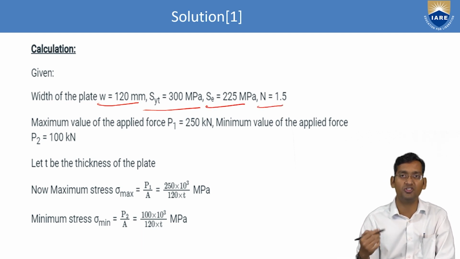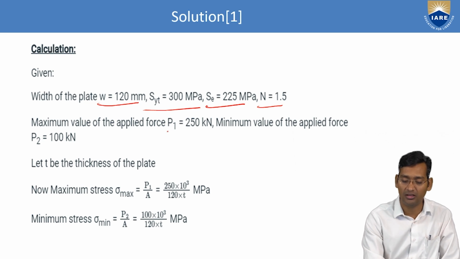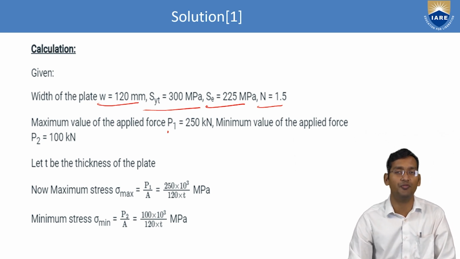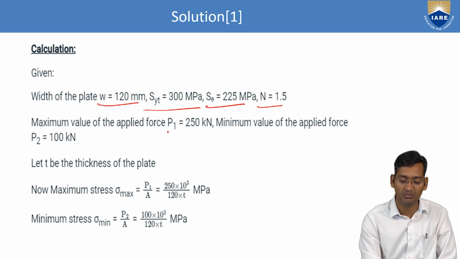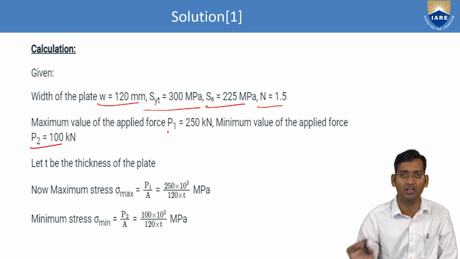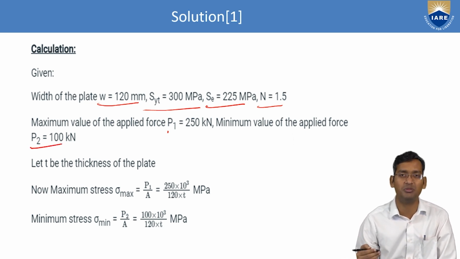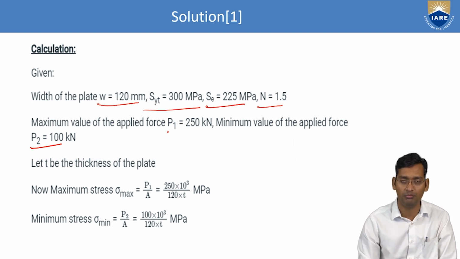Instead of writing P max and P min, I am taking P1 as 250 kilonewton, that is P max, and P minimum as P2, 100 kilonewton.